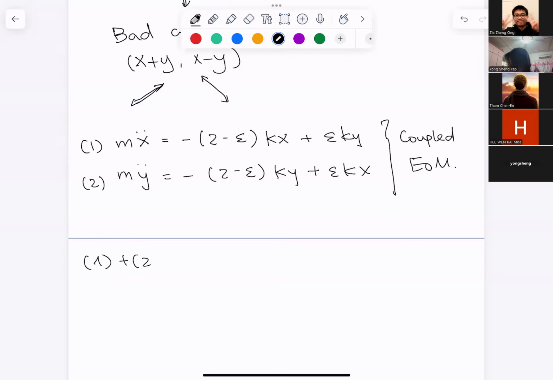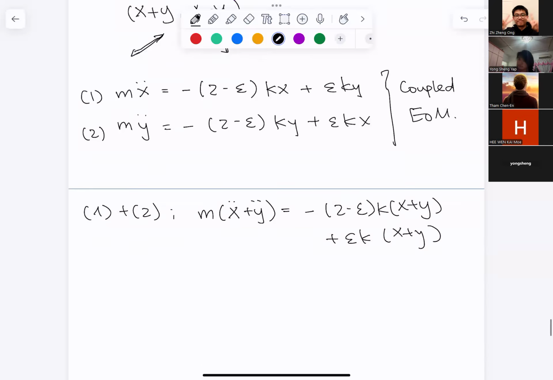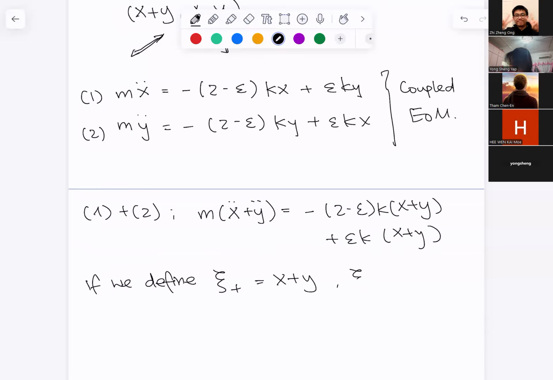If we add up the two, we get m times (x plus y) double dot equals negative 2 minus epsilon k times (x plus y) plus epsilon k times (x plus y). And if we define a new coordinate, let's call it c plus, equal to x plus y, then c plus double dot equals x double dot plus y double dot.